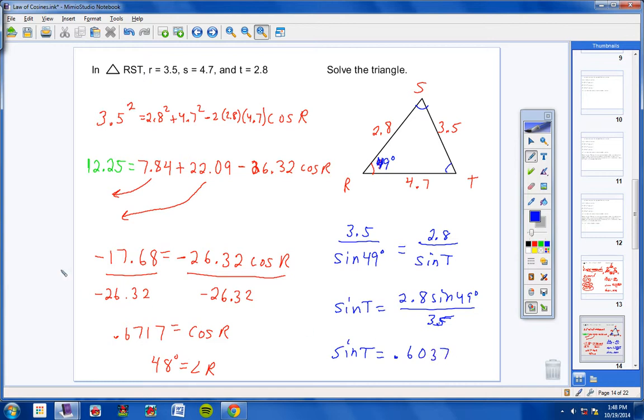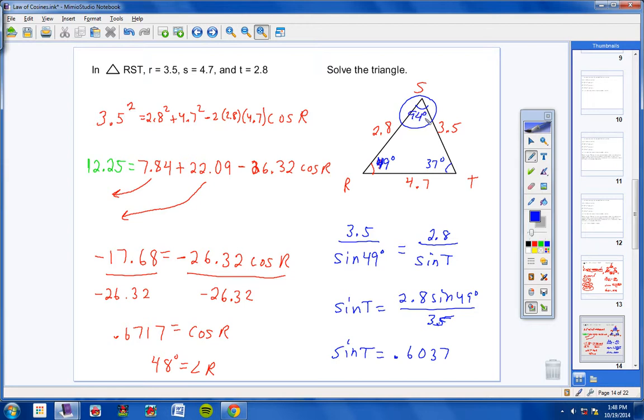Hit second sine of that decimal, and you'll get 37.1, and I'm just going to call it 37. And then, of course, we can very quickly find this angle here by taking 49 plus 37 and subtracting that from 180, and we'll get 94 degrees. So this angle here is 94 degrees, okay?